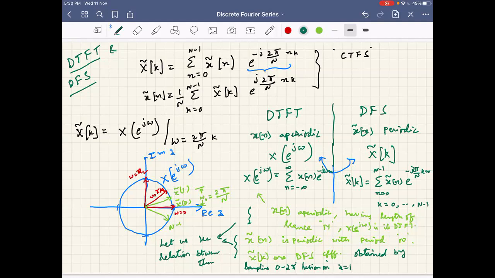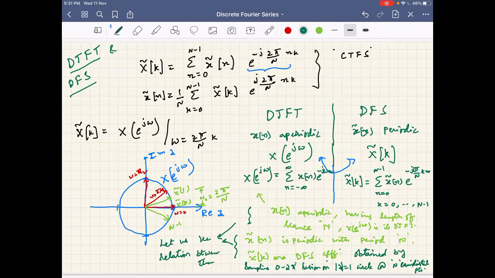Okay, circle, because z equal to 1, mod z equal to 1 forms a circle in the z axis, with n samples, equidistant points. Right. Also, this is how you can consider that we obtained x tilde of k.